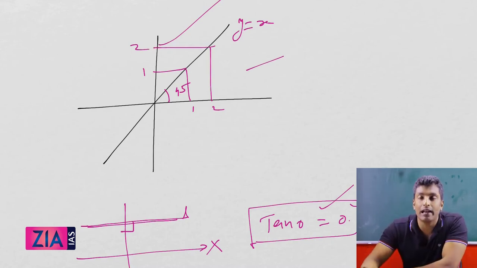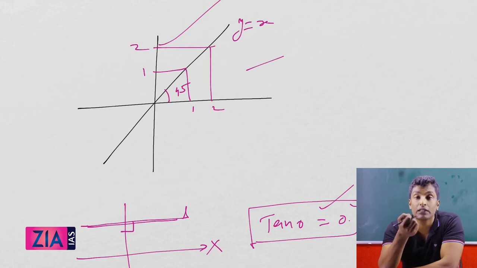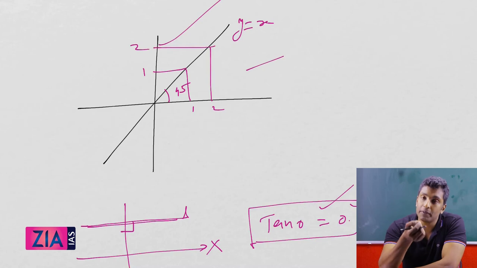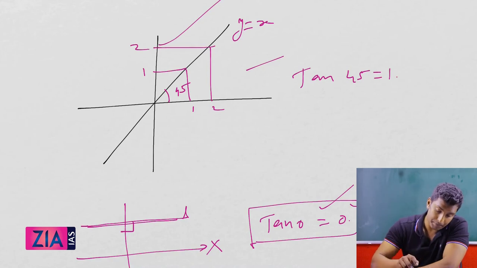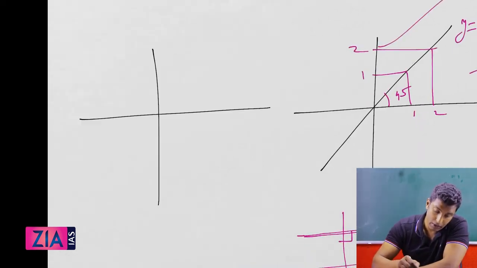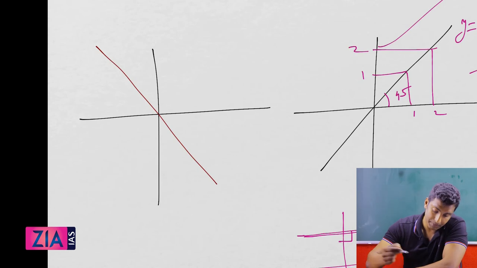So the point which I need to tell you here is entirely different. I want to talk of the slope, right? If it is equally inclined, 45 degrees the angle, that means slope is tan 45, and tan 45 is equal to 1. Similarly, if you take this one, this is also equally inclined angle, right? If I draw like this, it is y equal to minus x line.